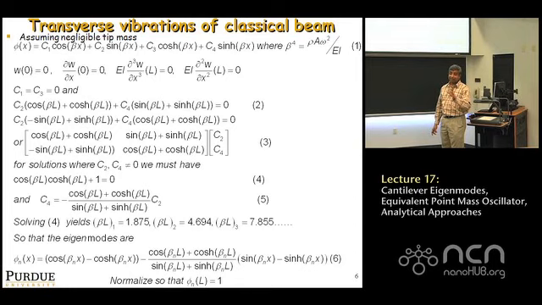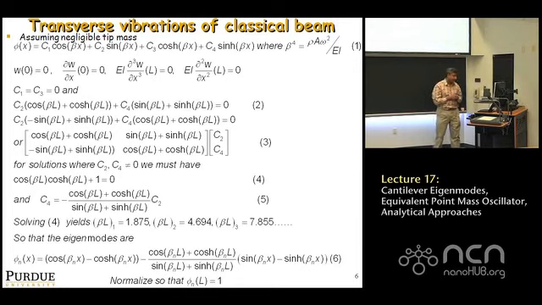That means the ratio of the frequencies between the second mode and the first mode is going to be the square of beta, which means it turns out to be somewhere between 6 and 7. So if you just take this ratio, 4.694 divided by 1.875, and square it, that's the ratio of the frequencies of the second mode to the first mode of a beam.